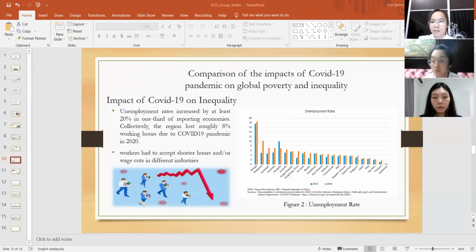The COVID-19 crisis has also diminished shared prosperity. It is defined as the growth in the income of the poorest 40% of a country's population. Average global shared prosperity is estimated to stagnate or even contract over 2019 to 2021, due to reduced growth in average income.